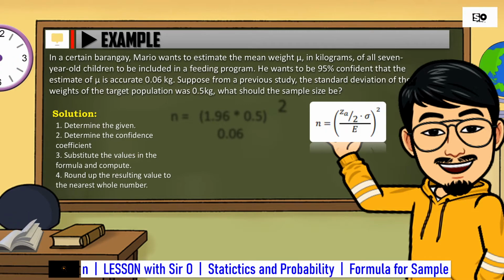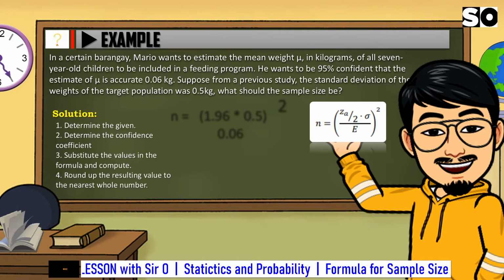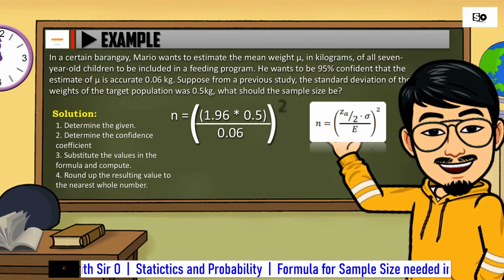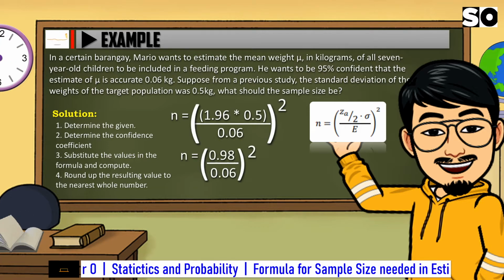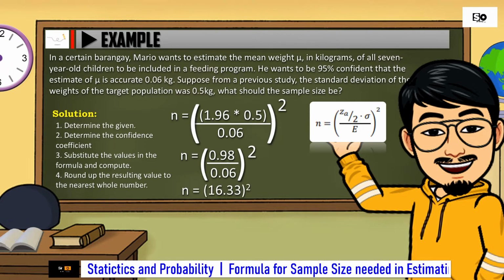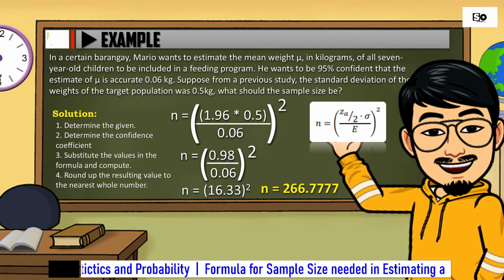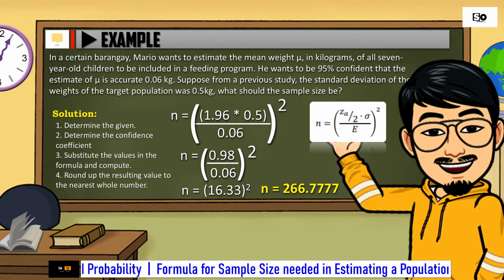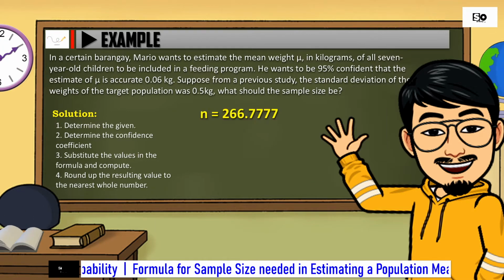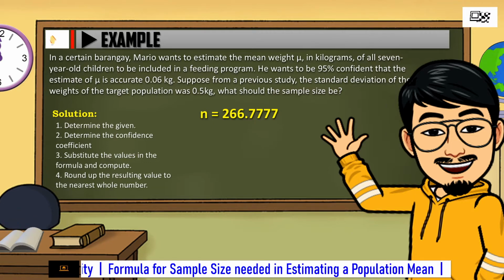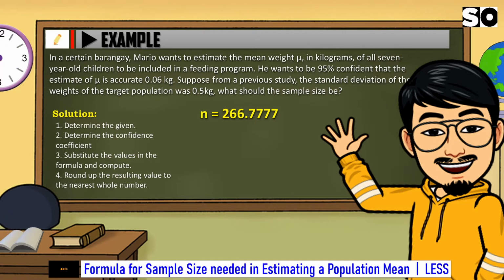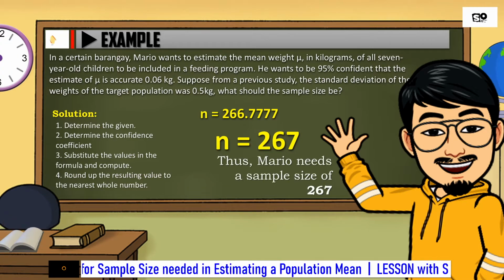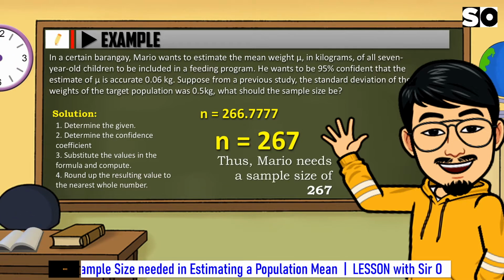This is the formula we're going to use. So our sample size is equal to 266.777. And last is to round up the resulting value to the nearest whole number. So we have 267. Mario needs a sample size of 267.